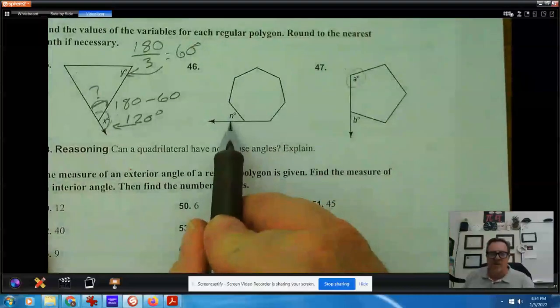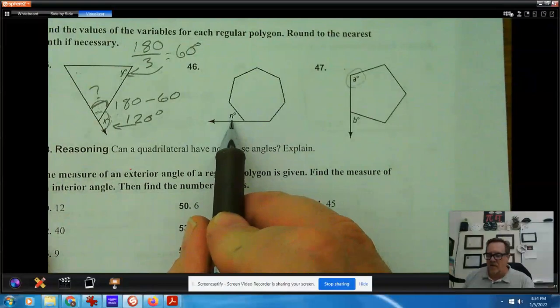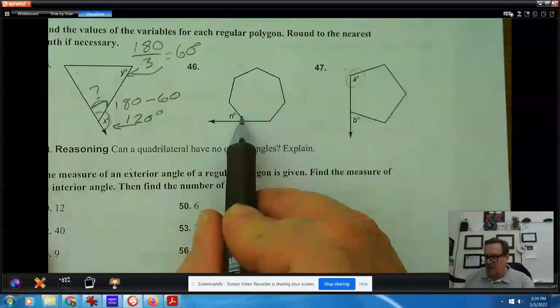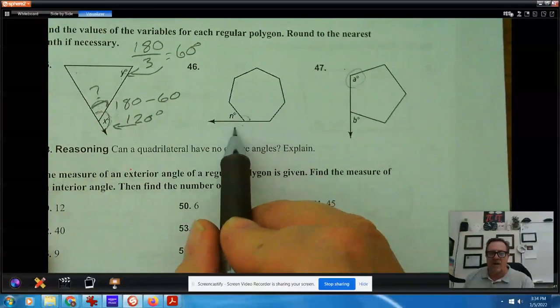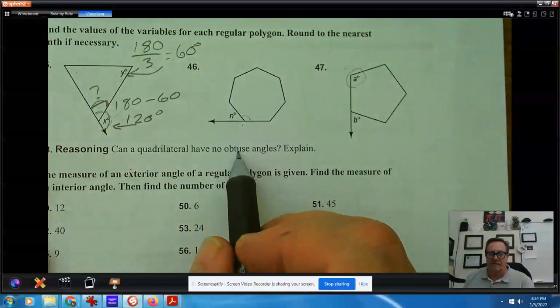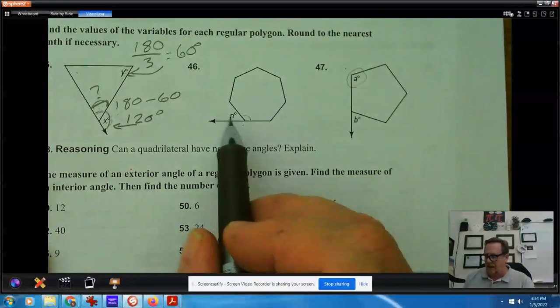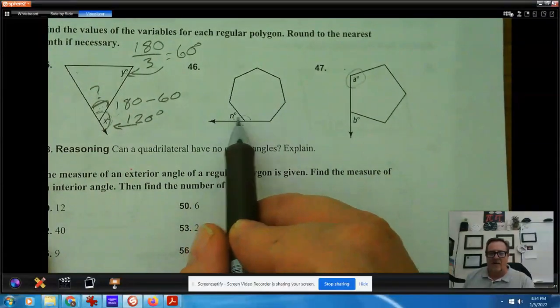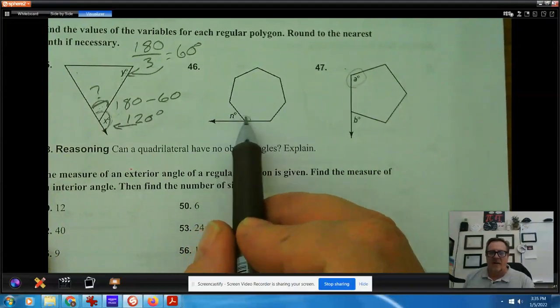These exterior angles, when you add them to the interior angle, always have to be 180. Let me say that again. If you add the exterior angle and the interior angle together, you're going to get 180.